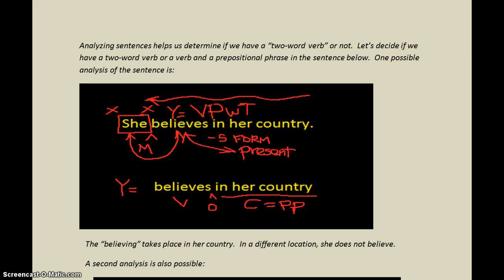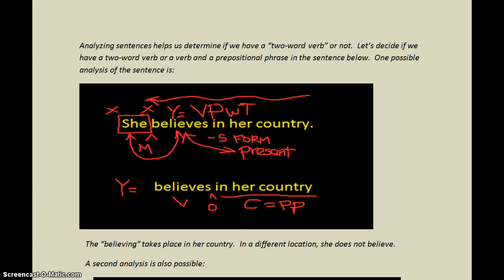So if we take a look at she believes in her country, we can do our sentence analysis. We can start with, are there any shifters? No, I don't see the X words. I can tell though it's going to be does. Does she believe? She doesn't believe. And now I found my two X word places. She is between those places.